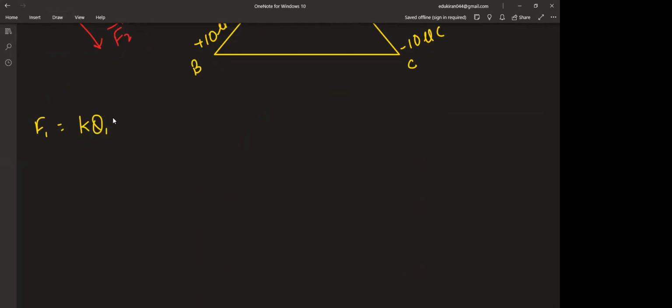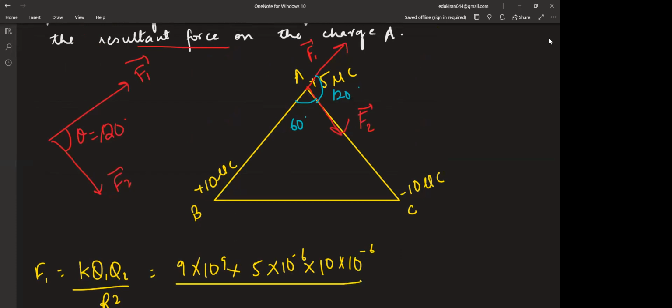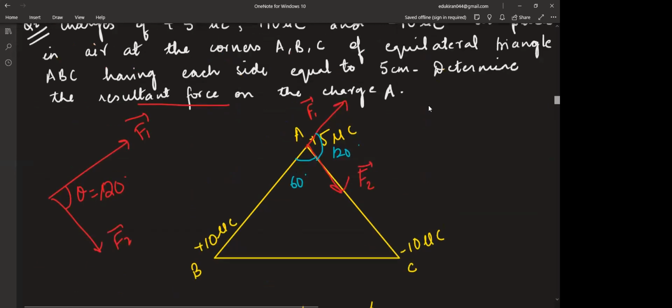F1 is equal to K Q1 Q2 by R square. So 9 into 10 to the power 9. What is the first charge? A, that is 5 microcoulomb, 5 into 10 to the power minus 6, into 10 microcoulomb, 10 into 10 to the power minus 6, divided by, what is the separation? 5 centimeter, no?